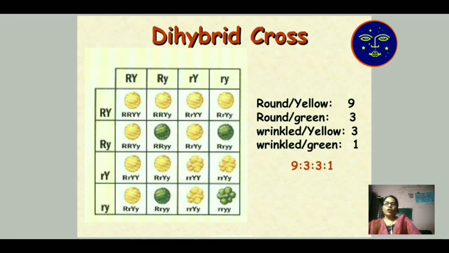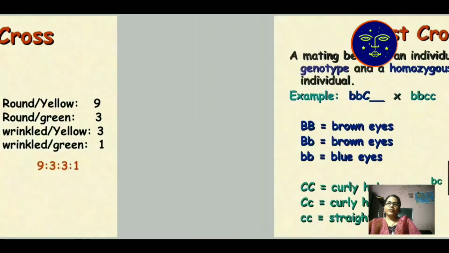Only 4 are green in color, and all the rest look yellow. So yellow is the dominant character. Here we choose two characters simultaneously, that is round and wrinkled, and yellow and green.